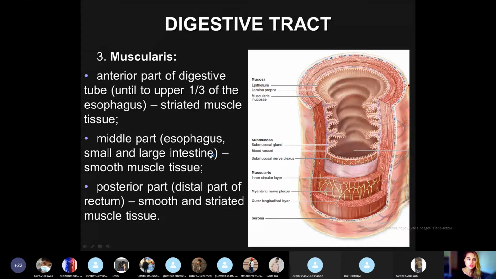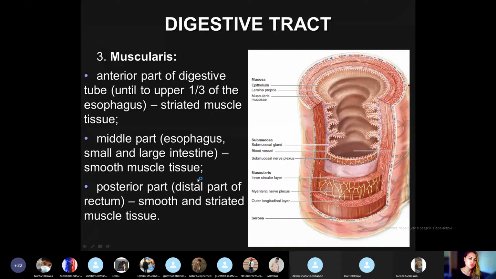The middle part, which is the esophagus, small and large intestine, is represented by smooth muscle tissue. However, the posterior part is represented by smooth and striated muscle tissue.